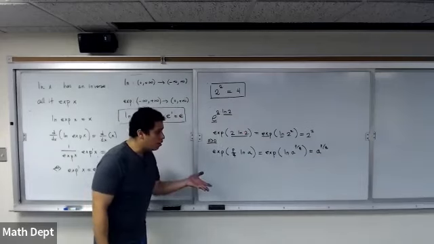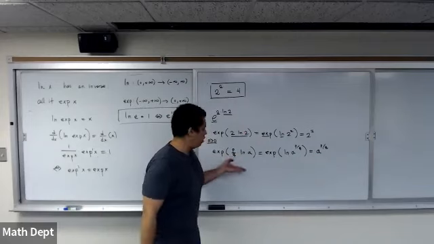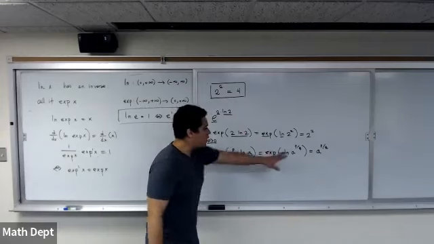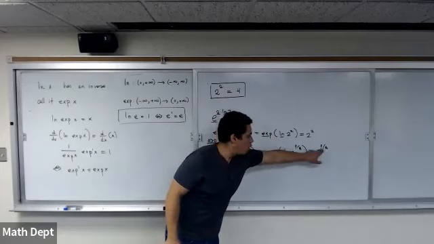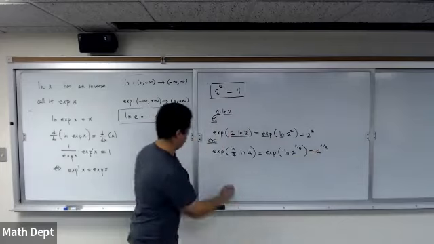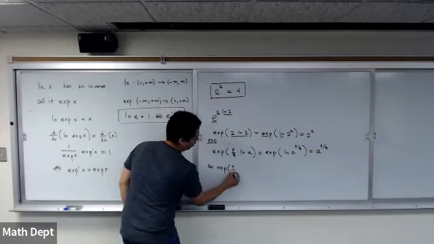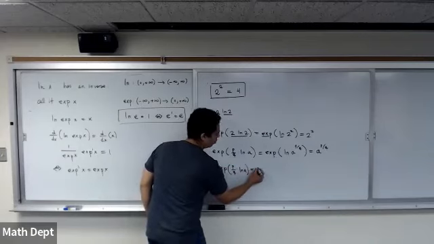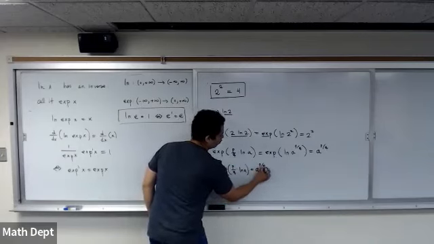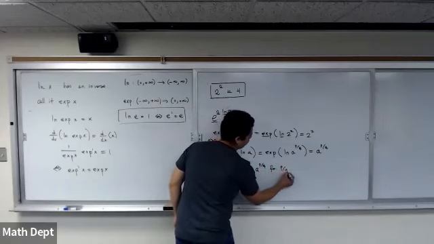This is saying that the function that we're defining here, a new one, coincides with this one on rational numbers. So x of p over q times ln of a is equal to a to the p over q for p, q rational.